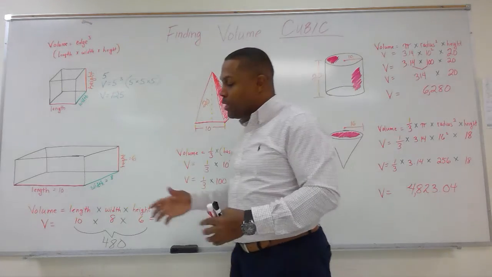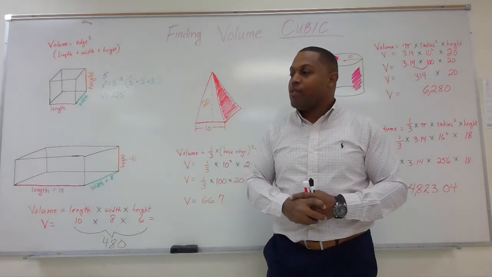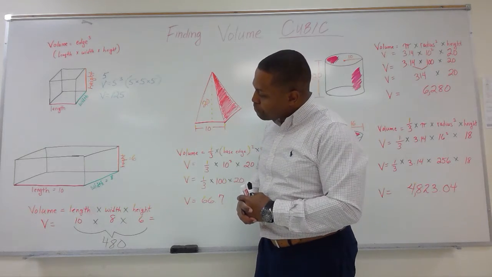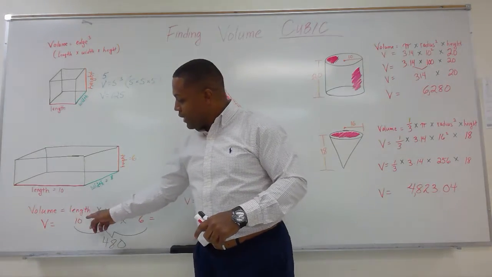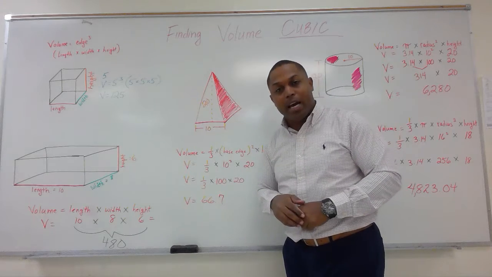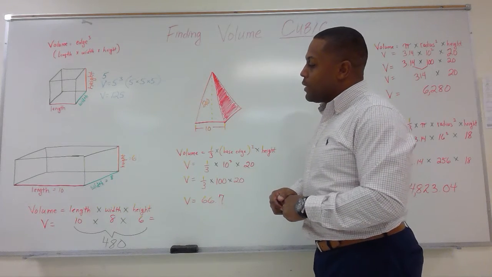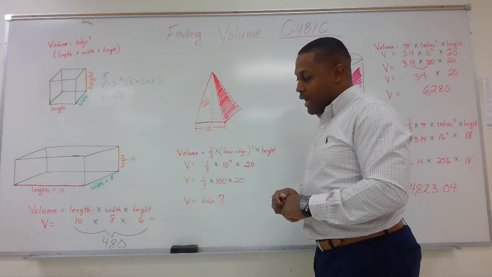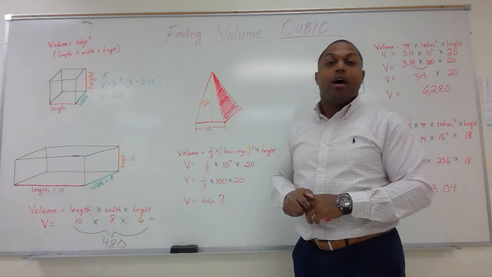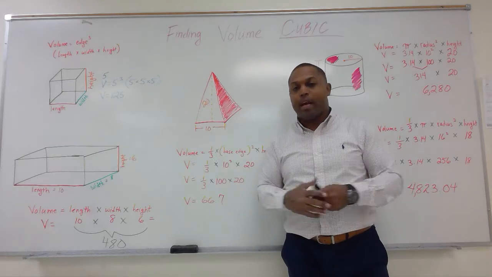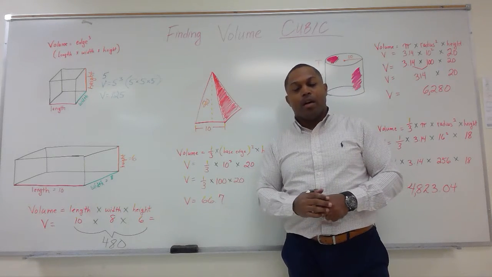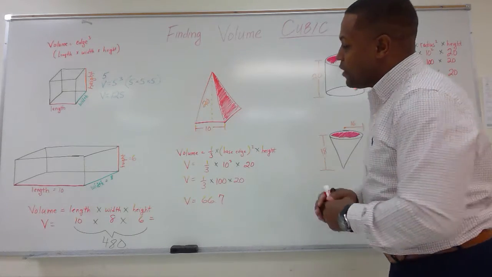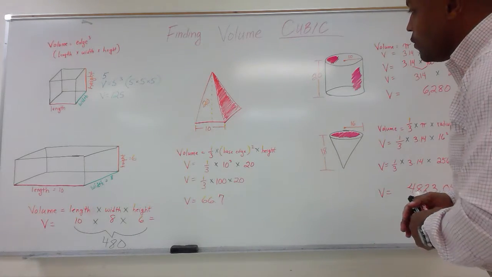The formula for finding the volume of this rectangular cylinder is volume equals length times width times height. Since the length is 10, that's 10 times the width of 8 times the height of 6. When we work that out, we find that the volume here is 480.